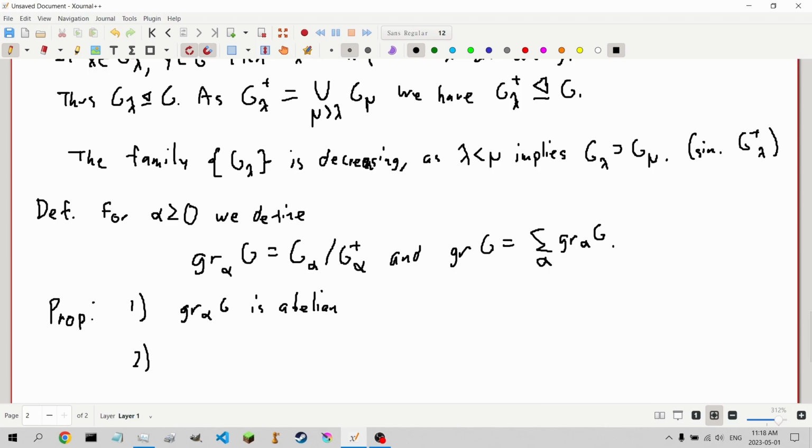Secondly, we're going to let x bar be the image of some element x from G alpha, essentially taking elements in G alpha and modding out G positive of alpha.